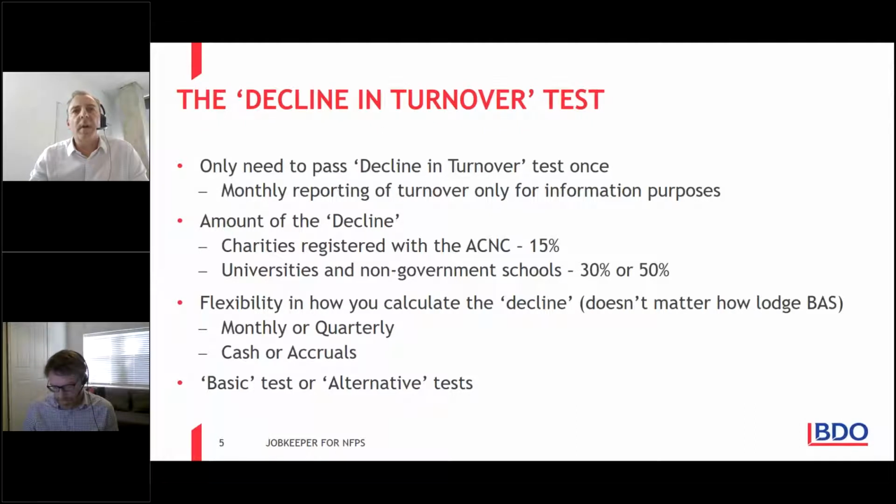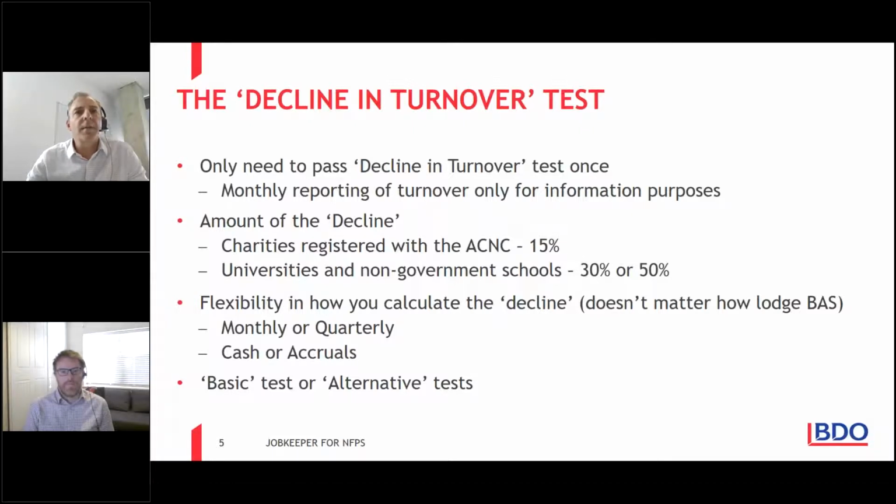So because JobKeeper refers back to definitions in the Income Tax Act, when we're talking about entity in this context, we're talking about the legal entity. So if you've registered sub-entities, you have to put all those back together to try and work out what is the turnover for the legal entity and then who are the employees of that legal entity. And I know there were a couple of questions that came through on that.